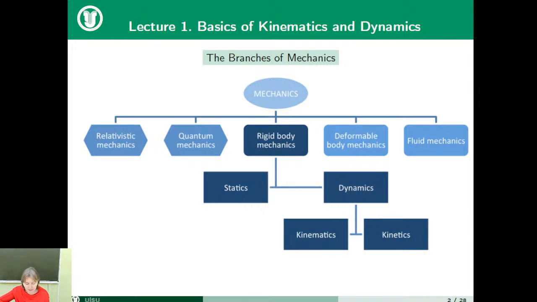The word kinematics comes from the Greek word kinesis, meaning motion, and it's related to other English words such as cinema, movies, and kinesiology, the study of human motion.